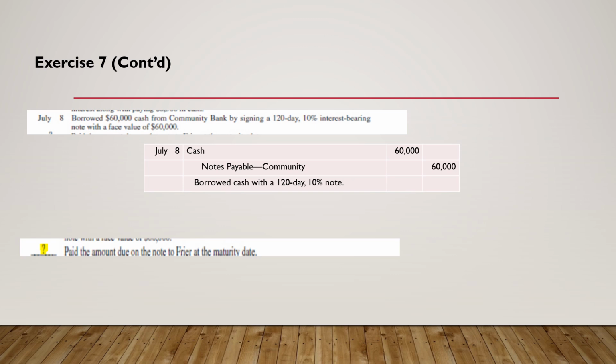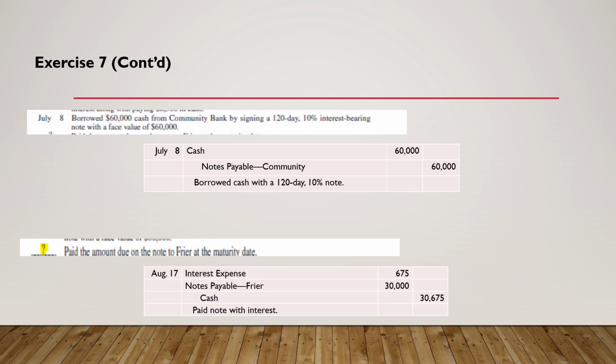On the maturity date, I'm paying the amount of the note along with the interest expense. So I need to record the interest expense, and I need to decrease my liability since I'm paying it, so debit the notes payable, and I'm paying cash, so my cash is decreased. Therefore, I credit the cash.